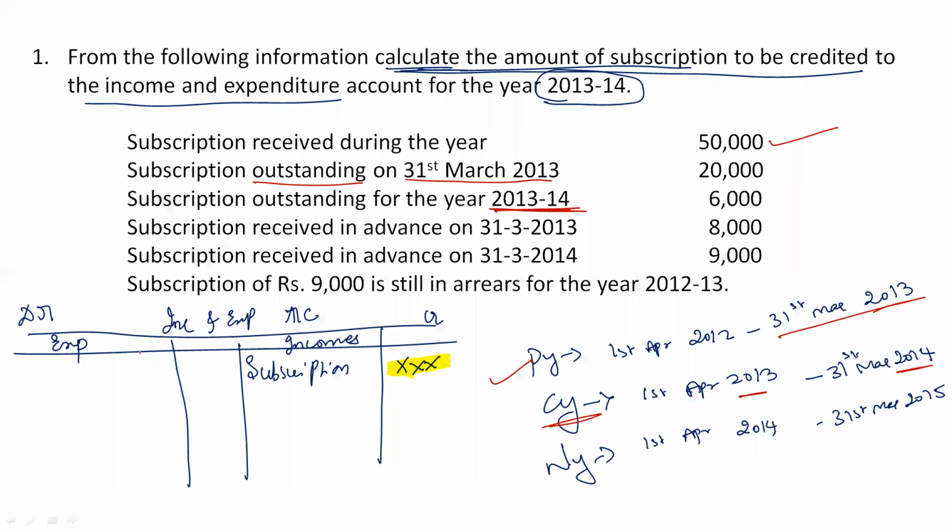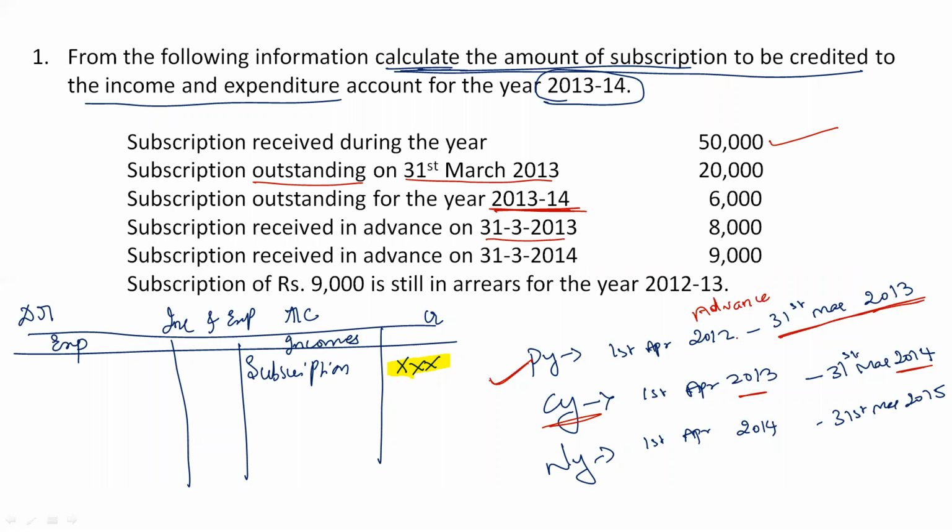Come back. What is the next thing given? Subscription received in advance on 31st March 2013, which is 8,000 rupees. Now try to understand. On 31st March 2013, means previous year, some subscription was received in advance. Advance means it is not related to previous year.